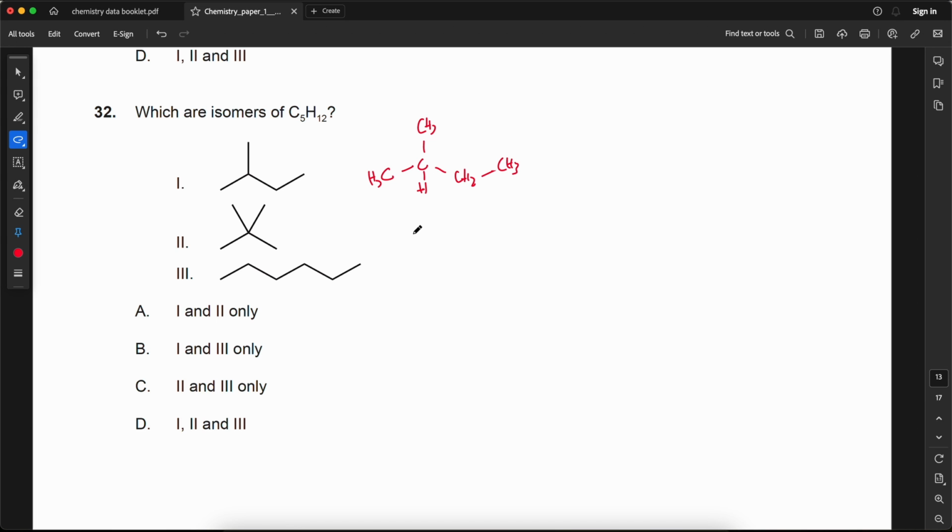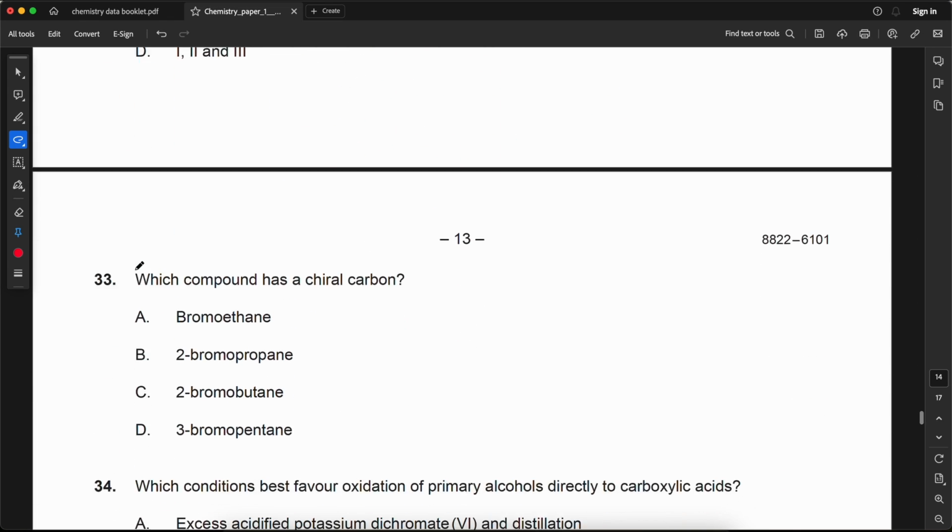And for this one, CH3, this will be C, this will be CH3, and this will be CH3, and this will be CH3. For this one, 1, 2, 3, 4, 5, 6 C. Obviously, no. And then let's check. C5H12. The same goes, C5H12. So 1 and 2 only.